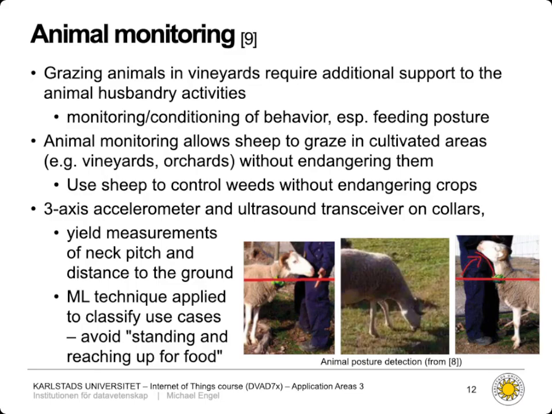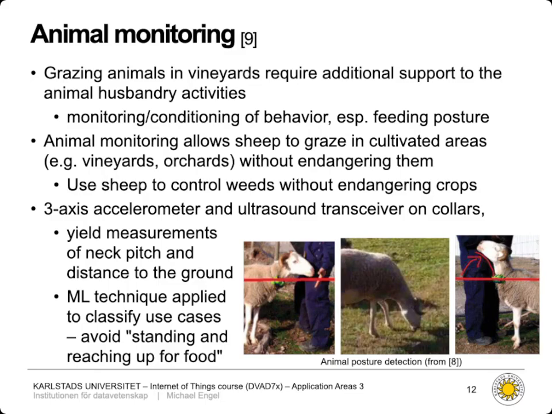So it's a bit similar to what Amazon does in the Go stores to control the behaviors of the customers. Here we're trying to control the behavior of sheep. Well, the sheep are not going to complain, I'm afraid. And this is a method to actually enable sheep to graze in a cultivated area, like a vineyard or an orchard, without really eating the crops or eating the bark from the trees or whatever.